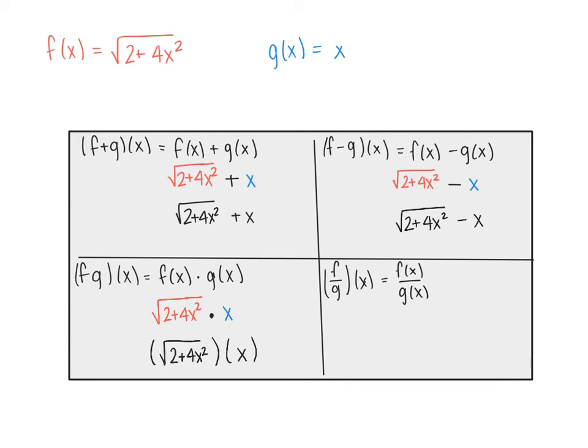If you wanted to write the x first, that would be fine, because order doesn't matter in multiplication, so I'm fine with either one of those. And then the last one, f divided by g. So that's f(x) over g(x). f(x) is the square root of 2 plus 4x squared, over g(x), which is x. So that's that. Okay?